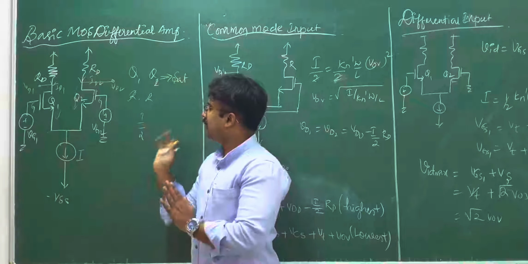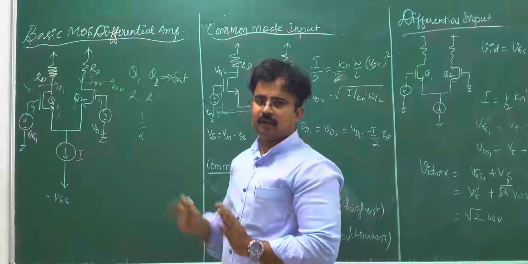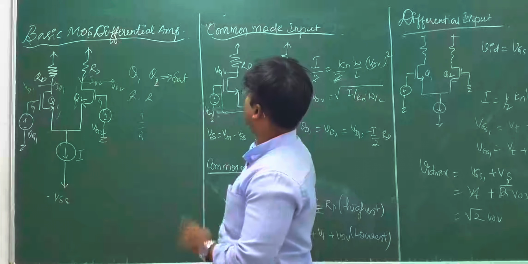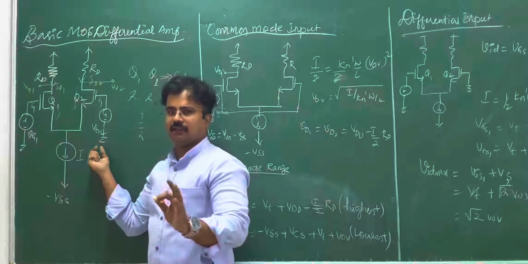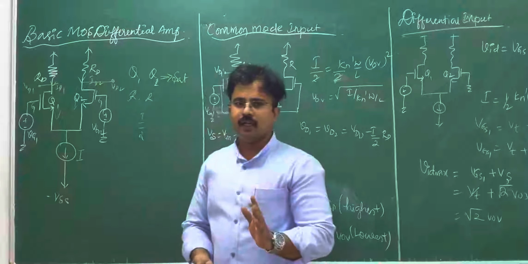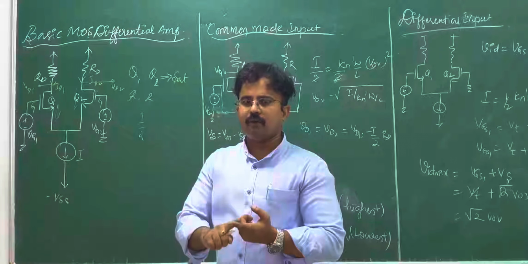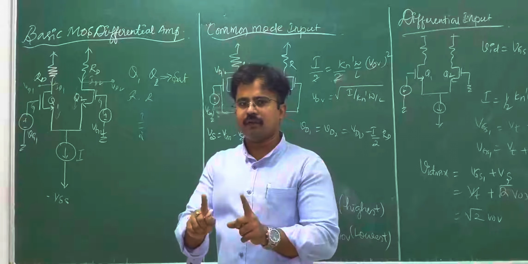If this is the condition, it is called a differential amplifier. For this basic differential amplifier, if I provide two different inputs, it is called a differential input. If I connect a common input, it is called a common input. In this chapter, we are going to analyze a differential amplifier with common input and with two different inputs.